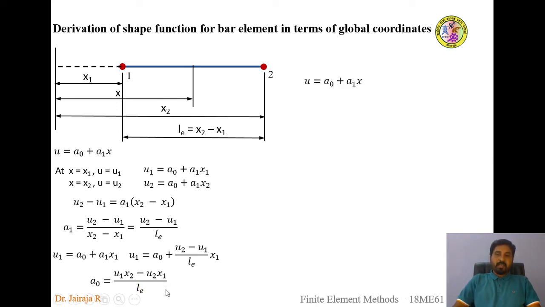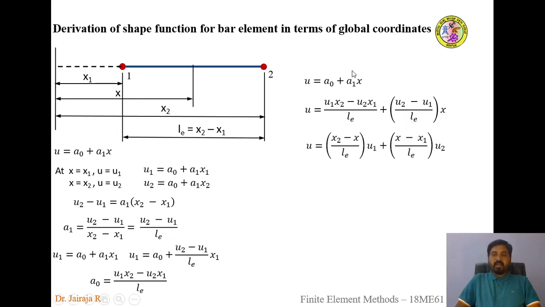Now we know the linear interpolation u is equal to a0 plus a1 x. Now I am going to substitute a0 and a1 in this equation. So u is equal to (u1 x2 minus u2 x1) divided by LE plus (u2 minus u1) divided by LE into x.